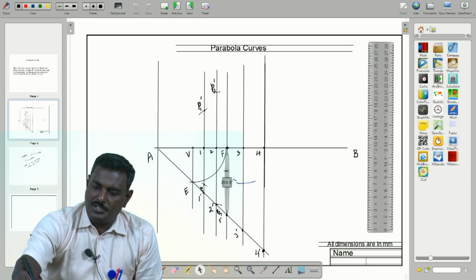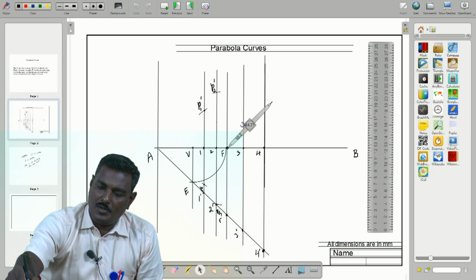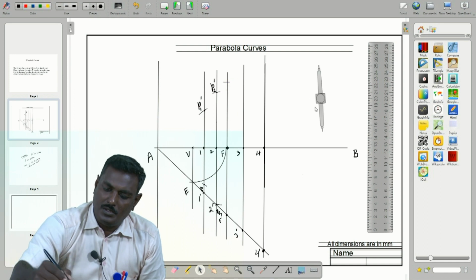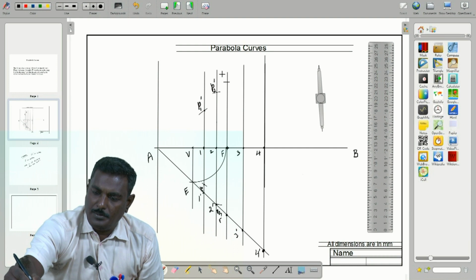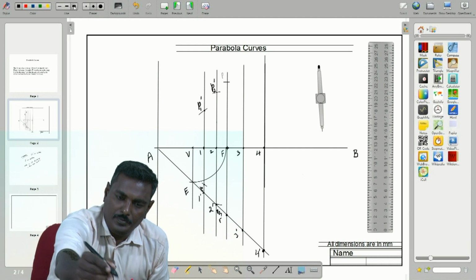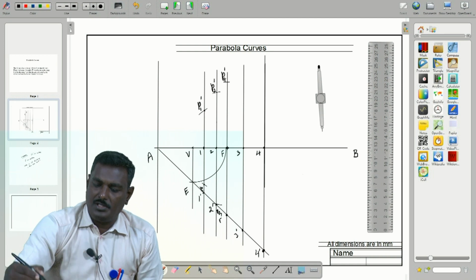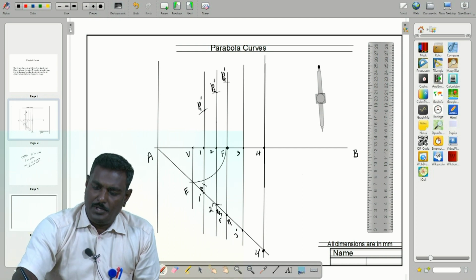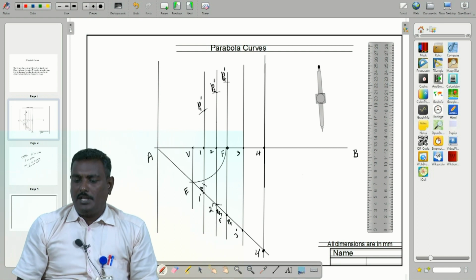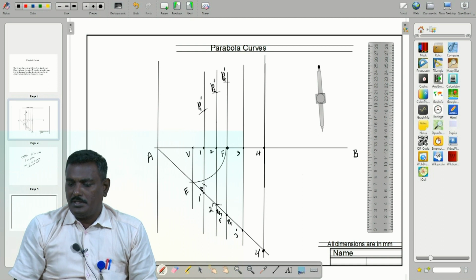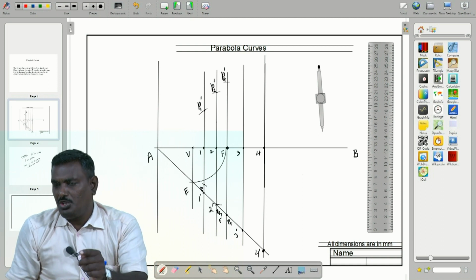The same distance you have to mark. Here it's PF. Like that we give lettering for the locus points.